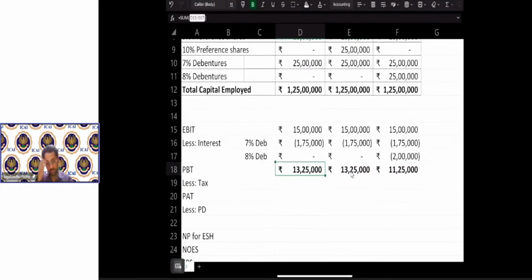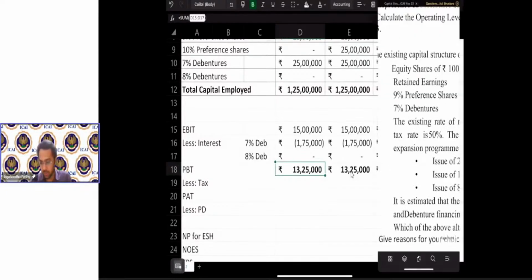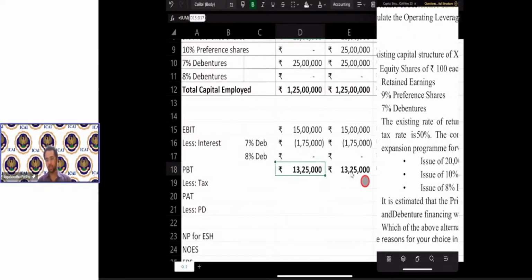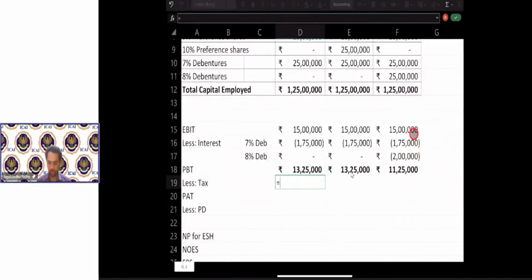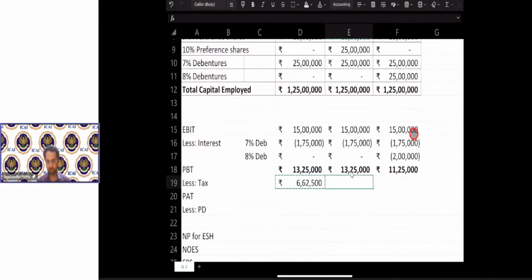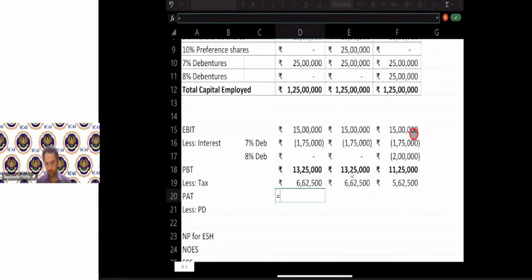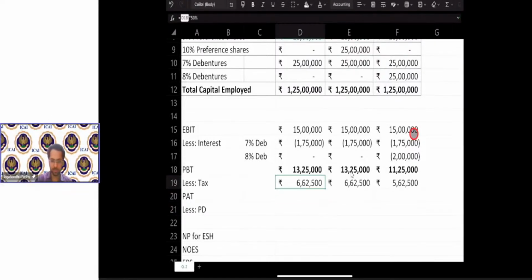Now the taxation rate is given to us in the question to be 50%. So tax rate 50% means 13 lakh 25 multiplied by 50%. And then the PAT figure is after subtracting the tax from the PBT.